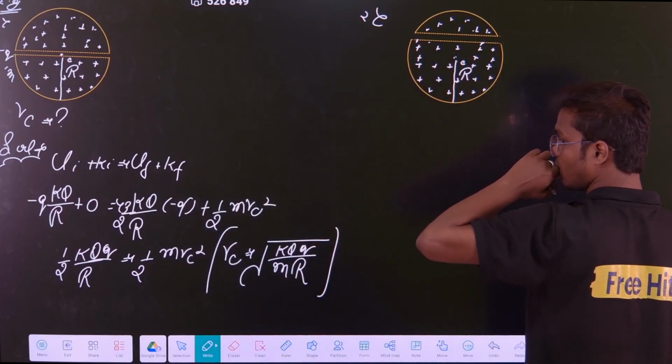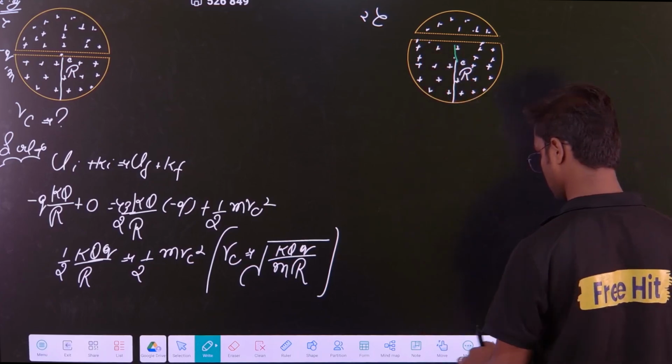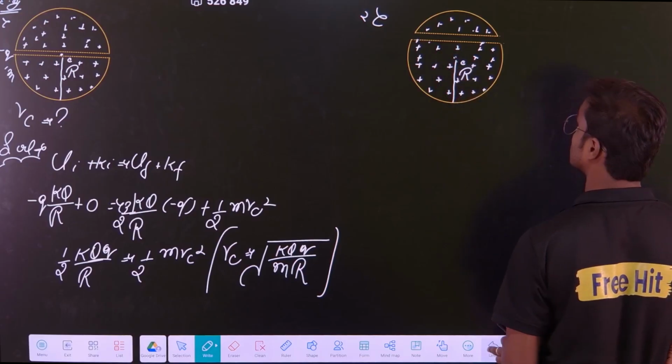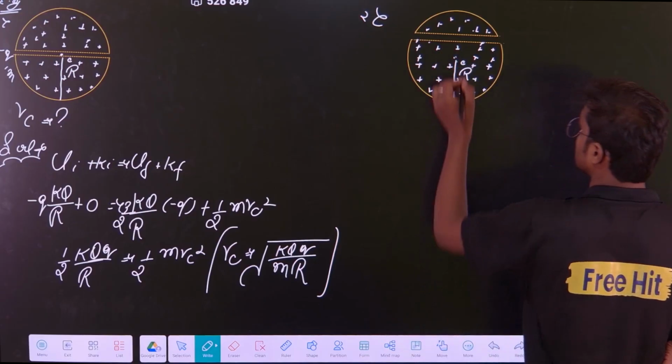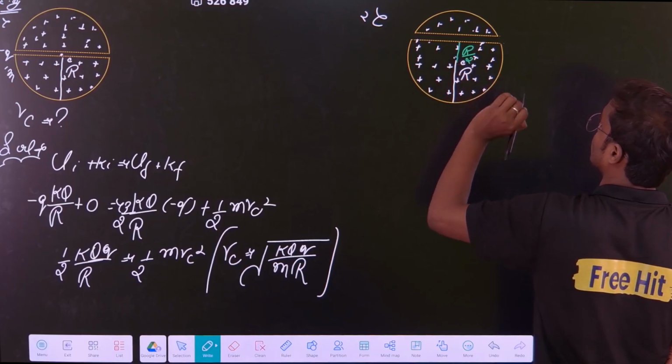Basically, this radius is R and this distance is R by 2.